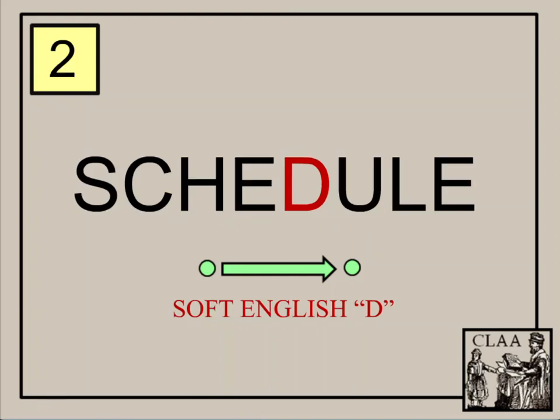In some words, the letter D makes the sound j, j. This is the soft English D sound, j. Let's read this word together. You can see in this word the digraph CH. Here, we'll read it just as we read it in the word school, k.